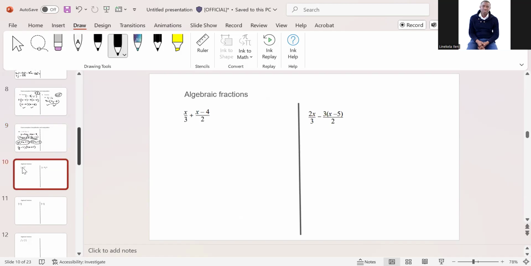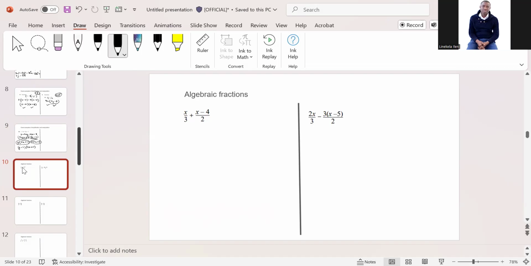All right. So that was it for simplifying algebraic expressions, dealing with factorization, expansion, and so forth. What is also common in these papers is they are asking a lot about the algebraic fractions.